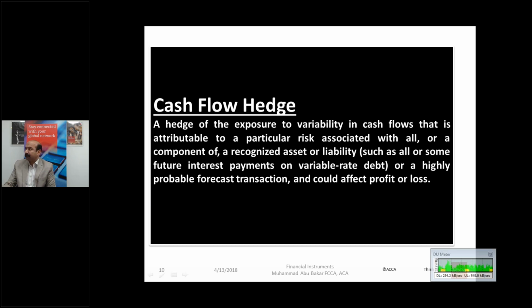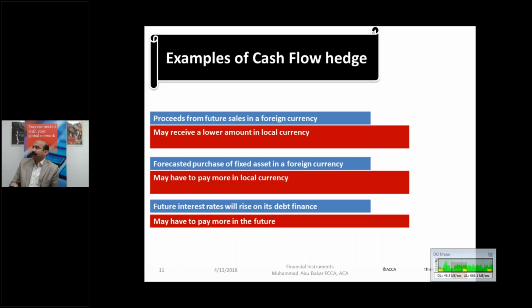So what are the examples? The examples could be like proceeds from future sales in a foreign currency.